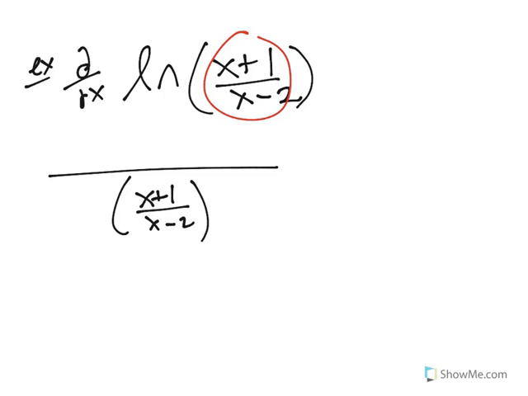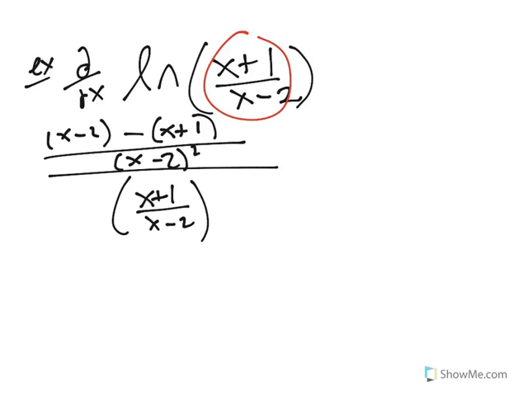So it's the derivative of the first times the second minus the first times the derivative of the second, all over the denominator squared. This is crazy messy. I should simplify this because if this was a multiple choice question on the AP, it would not look like that. So the numerator is x minus 2 minus x minus 1, so that gives me negative 3.